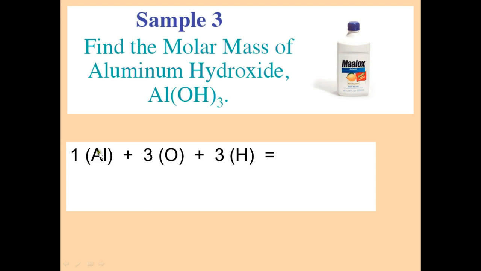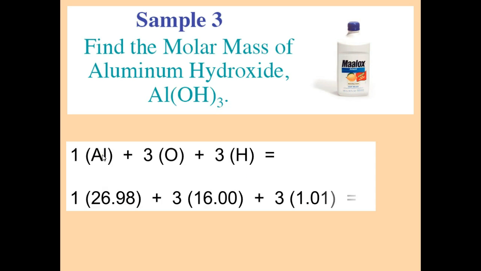Then we find the atomic mass of each element and multiply by the corresponding coefficient. There's one aluminum, so aluminum's atomic mass is 26.98, and we multiply that by 1 because there's only one aluminum. And then there's 3 oxygens, so 3 times oxygen's atomic mass, which is 16, and then 3 times hydrogen's atomic mass, which is 1.01.